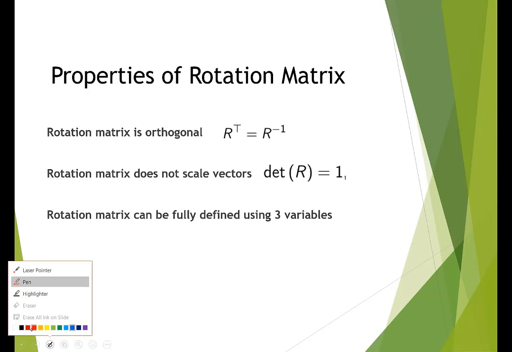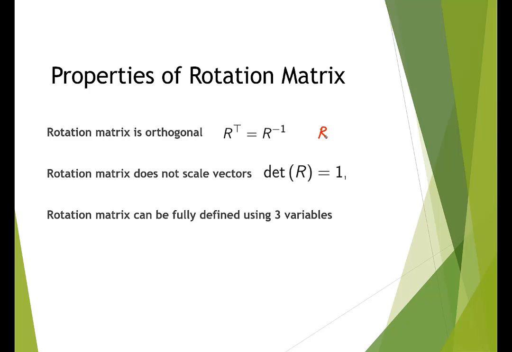So if we have a rotation matrix that brings a vector in frame B to frame A, its inverse is equal to its transpose, which means it is a matrix that brings a vector in frame A to frame B. This is a very interesting feature. So if you have a rotation matrix that brings a vector in frame B into A, if you take the transpose of that, it will take a vector from frame A to frame B.